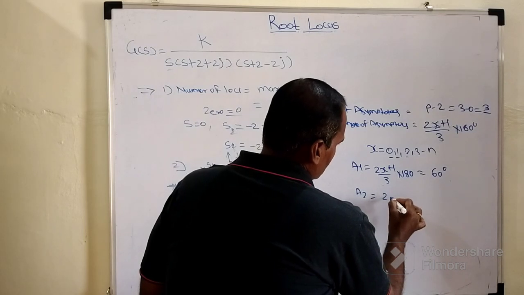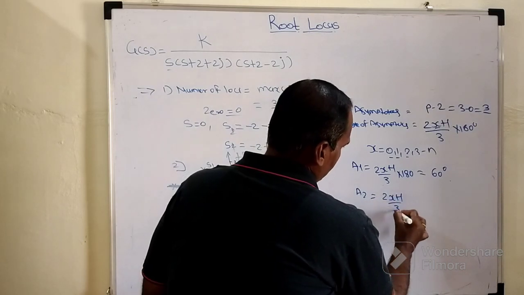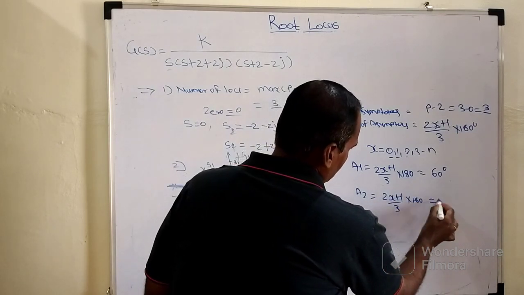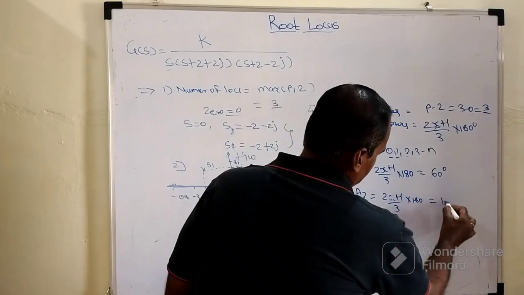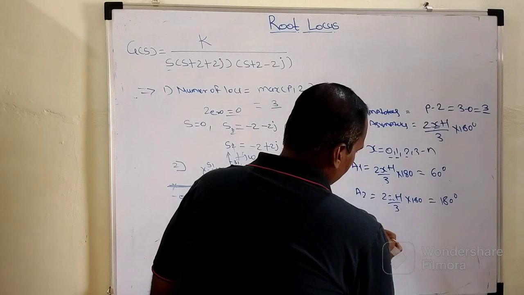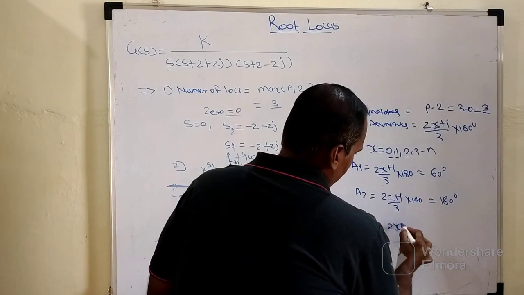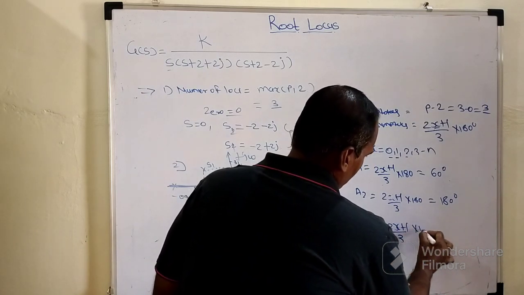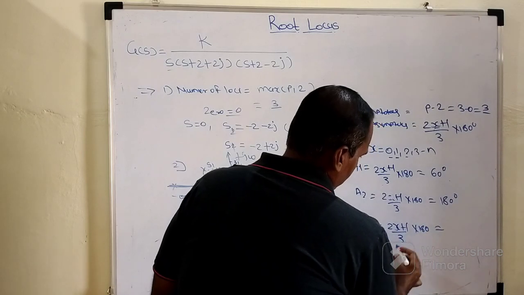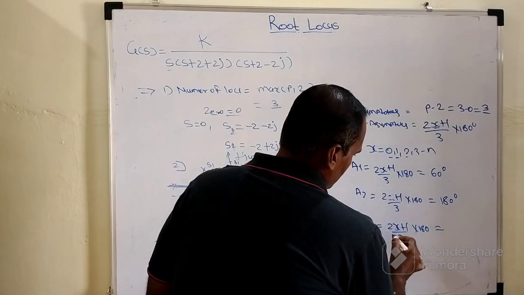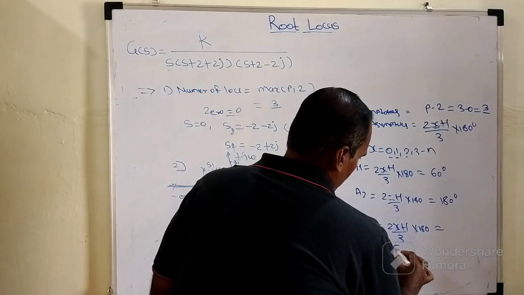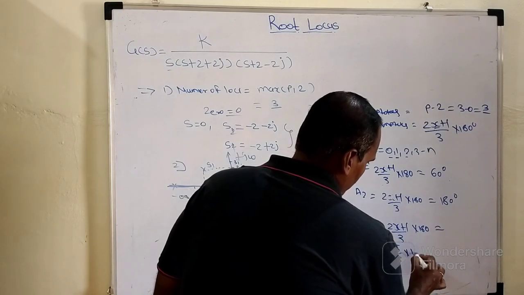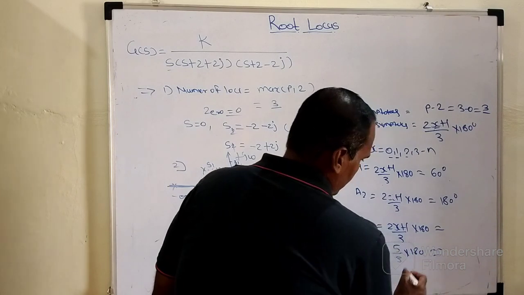Asymptote angle number 2: (2x plus 1) upon 3 into 180 degrees. x equals 1, so it becomes 3 upon 3, the 3s get cancelled, so 180 degrees. Similarly, asymptote angle number 3: (2x plus 1) divided by 3 into 180 degrees, where x equals 2, so 2 into 2 is 4, 4 plus 1 divided by 3, so 5 by 3 into 180 degrees.